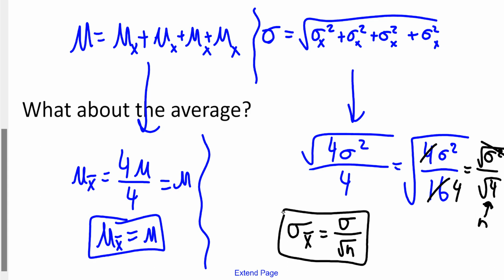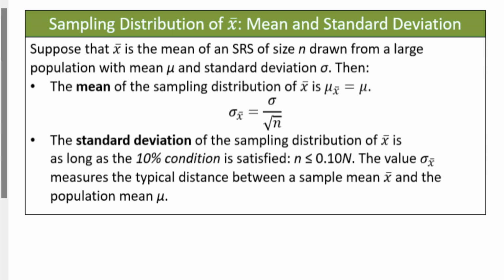Okay? So, to put that into a little more formal print here, suppose that x bar is the mean of a simple random sample of size n drawn from a large population with the mean mu and the standard deviation sigma. The mean of the sampling distribution, so again, all those possible samples of the same size, is mu. We just said that.